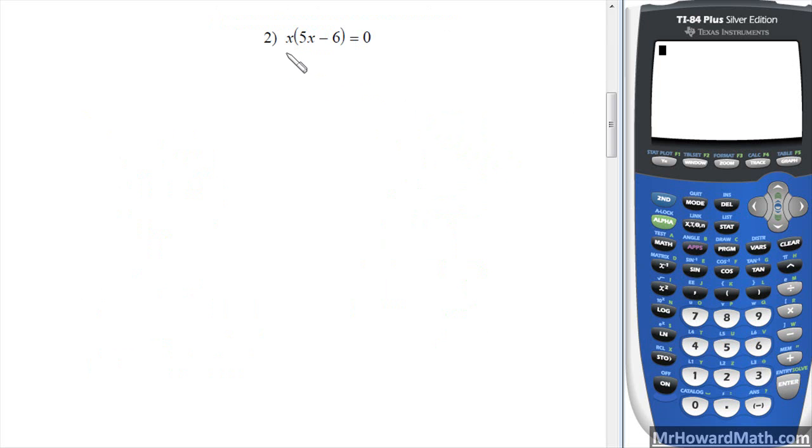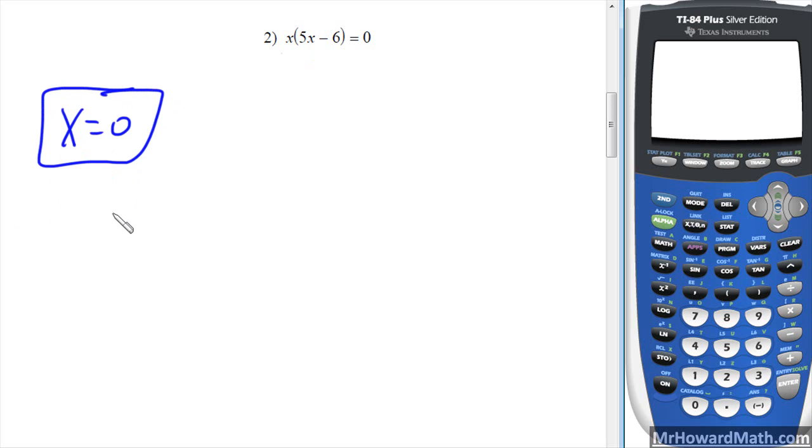This one actually is already factored. We have a factor of x and we have a factor of 5x minus 6. We already have this set equal to 0, so we just need to set each factor equal to 0 and solve. You must understand that x is a factor here. So we set that equal to 0 and it's already solved. So this parabola crosses the x-axis at an x value of 0.